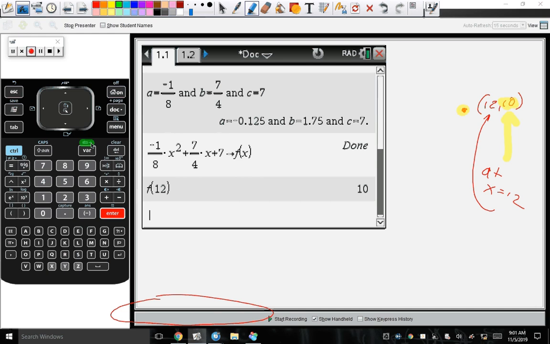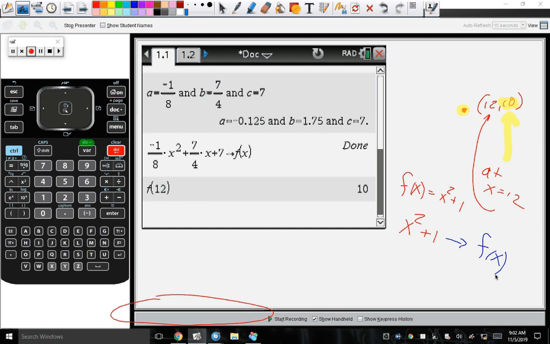So again, that arrow, if I press the blue button and the vars, it will do this arrow right there, okay? But you always have to do, real quick, you know how you have f of x is equal to x squared plus 1? The way you store it is that you type it like this, and then you store it as f of x.